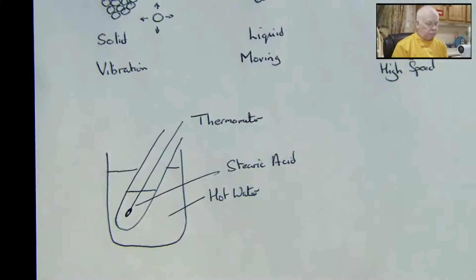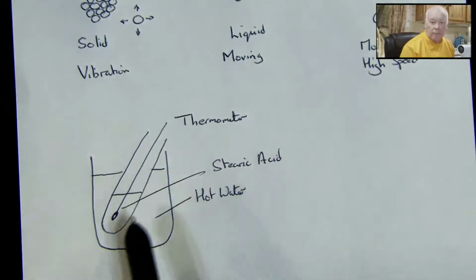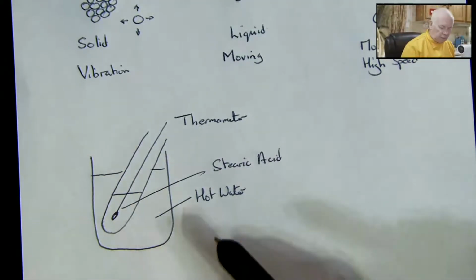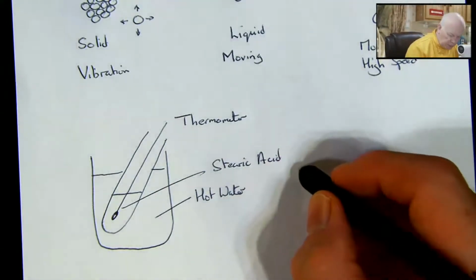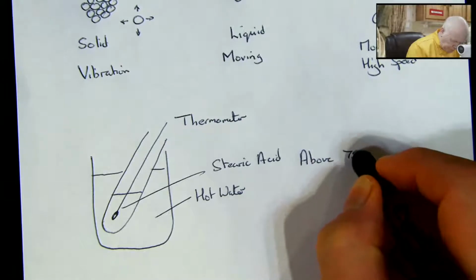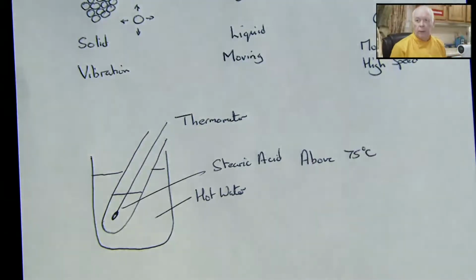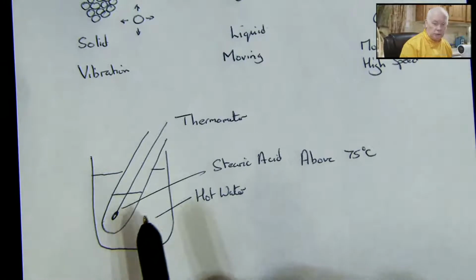Then you do this at school. What normally happens is you just get a setup very much like this. This hot water getting on for boiling. We've got to get the stearic acid basically above about 75 degrees centigrade. And now we've got it above 75 degrees centigrade. Then what we can do is we're going to take it out and we're going to watch it cool.